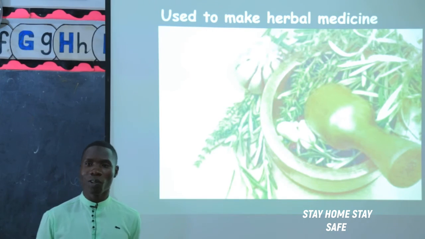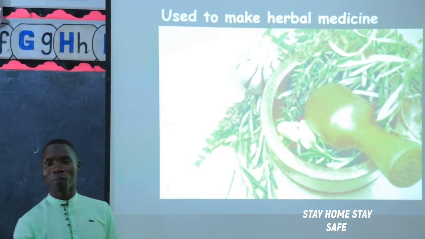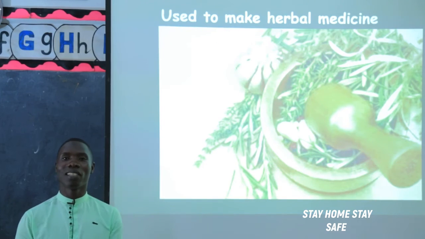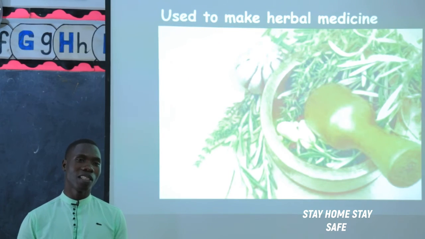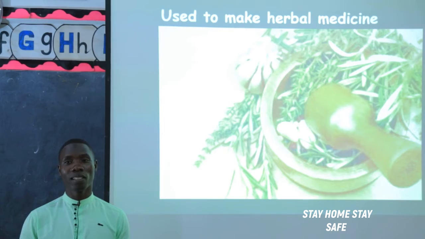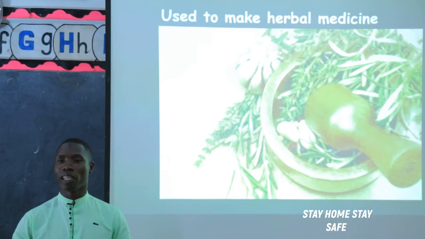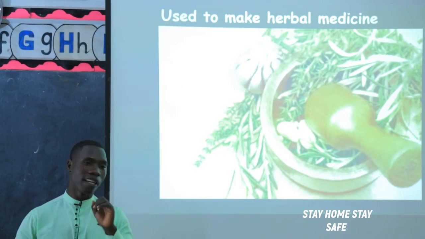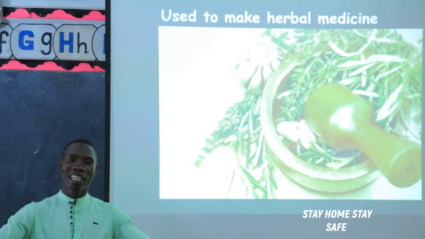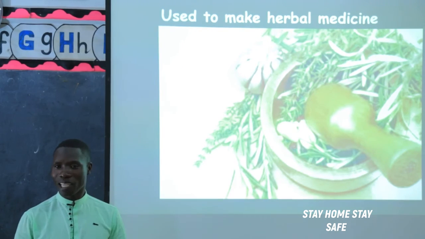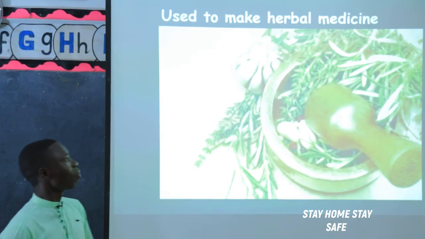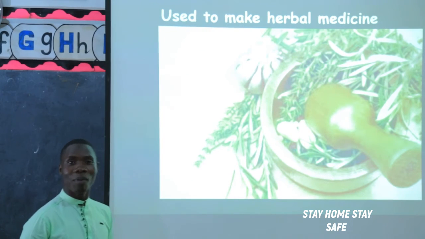Just moves around your house, picks some grass and mixes it with water, squeezes it, then you take a sip and your stomach is fine. Had a stomach ache, after taking, you begin jumping, kicking buckets, and you get okay. So it can be used to make herbal medicine.